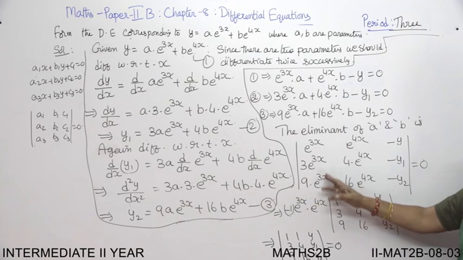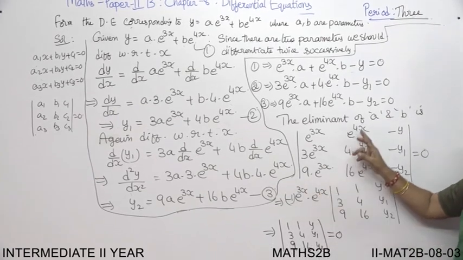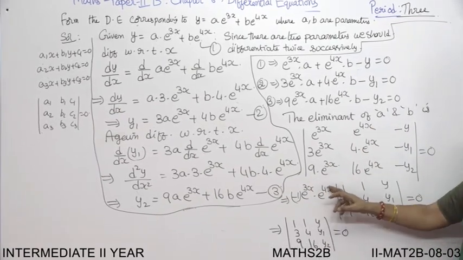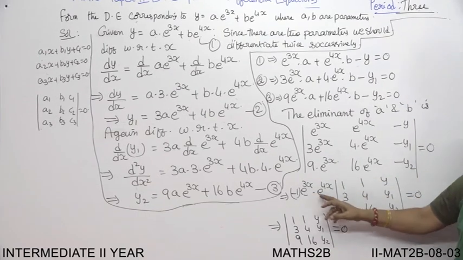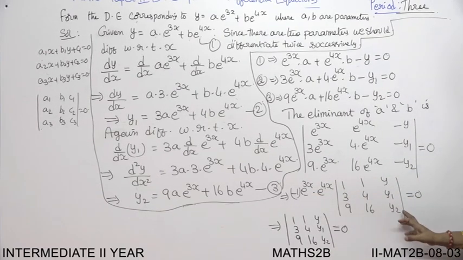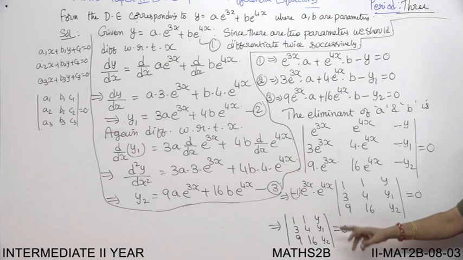Now from the first column you can take e power 3x common. From the second column you can take e power 4x common, like this, into the determinant. So that factor cannot be 0, so the determinant has to be equal to 0.